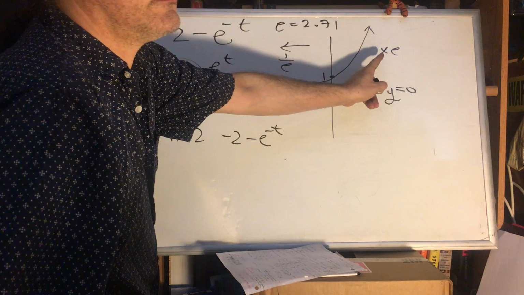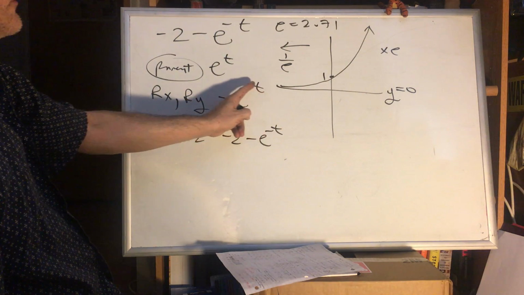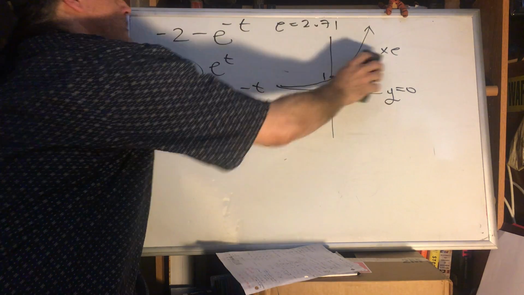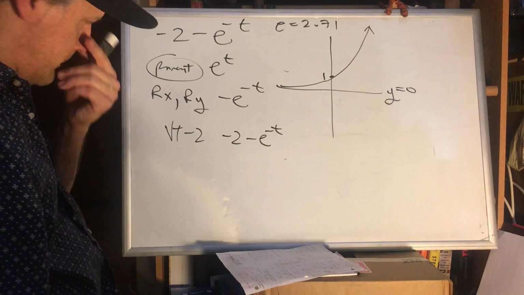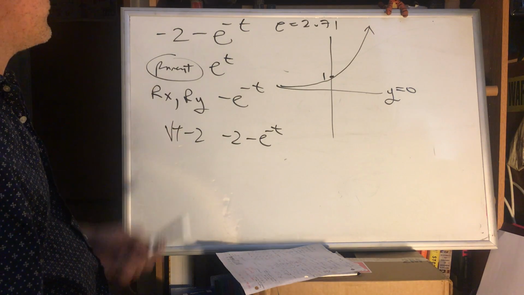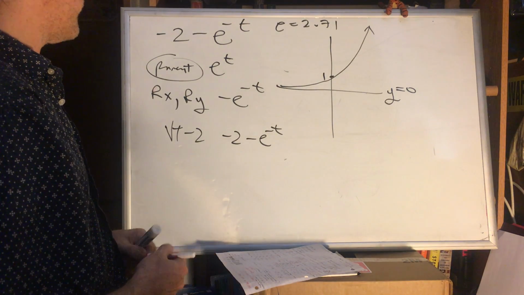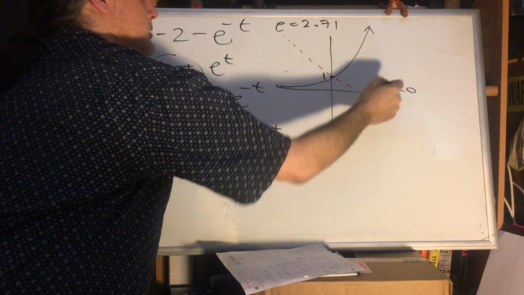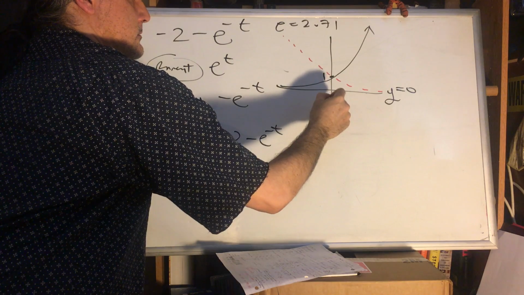So it's going to get bigger as you go to the right, and it's going to drop down to 0 as you go to the left. Okay, so then we got the reflection across the x and y, so it's going to reflect across both the x and y. So it's going to do like this, and then it's going to do like this.